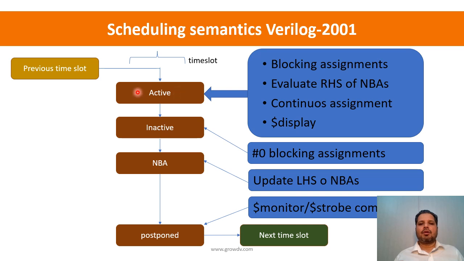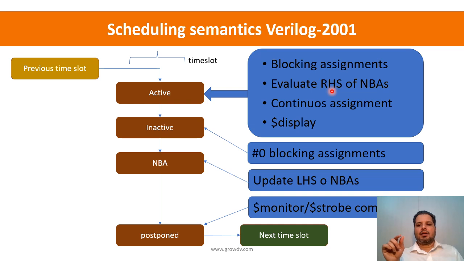In the active region, and each of these is called a region, it executes all the blocking assignments, with your simple equal to. All of them will be executed over here. And then this is an important point: the RHS of any expression.